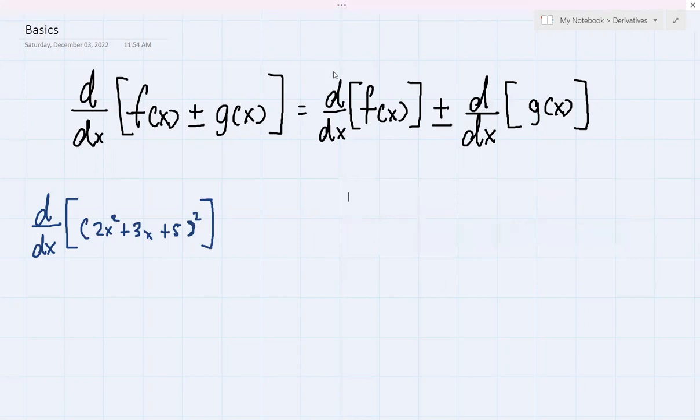So, what is the algebraic technique? Okay? Say we have the square of x plus y plus z. Let's say x is your first term, y is your second term, and z is your third term. So, this will be the formula.